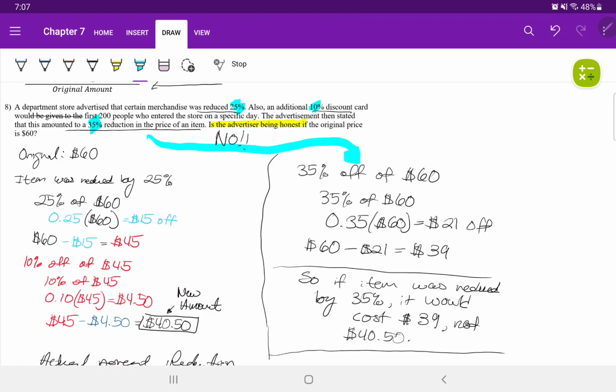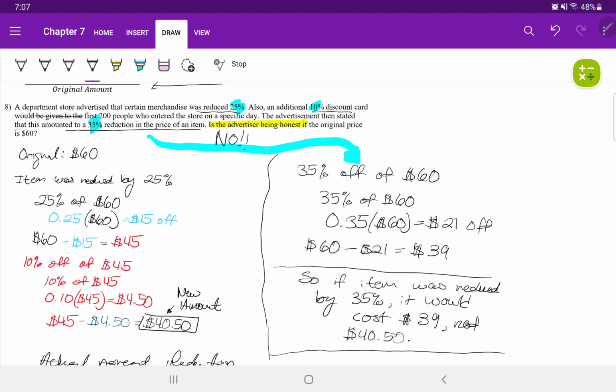When we did the math, 35% off of $60 is $39, because you're saving $21. 35% of 60 is 21. Which means the advertiser lied. The actual 35% reduction cost $39, not $40.50.